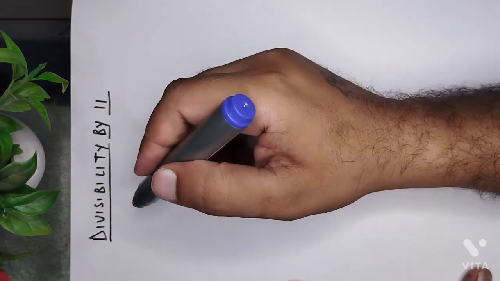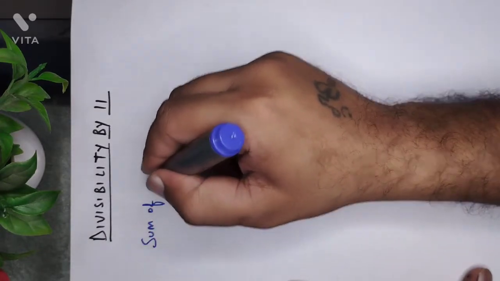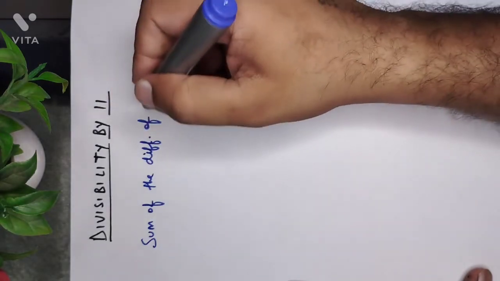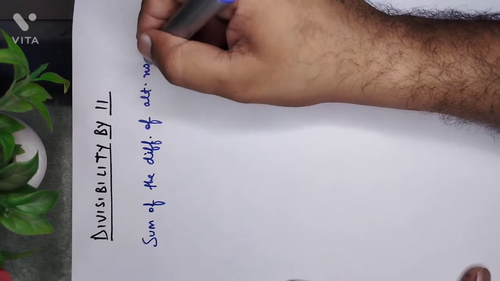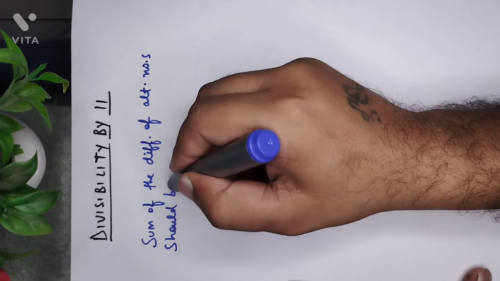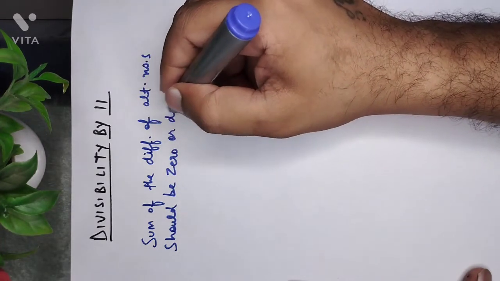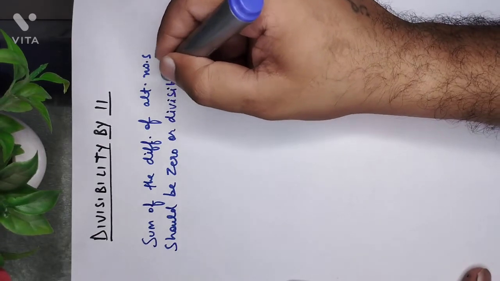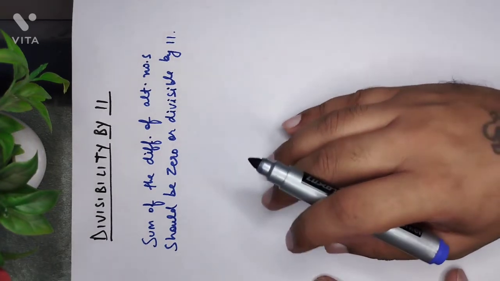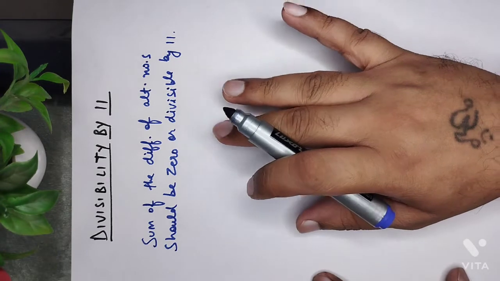For divisibility by 11, sum of the difference of alternate numbers should be 0 or divisible by 11. Now this is the divisibility rule of 11.